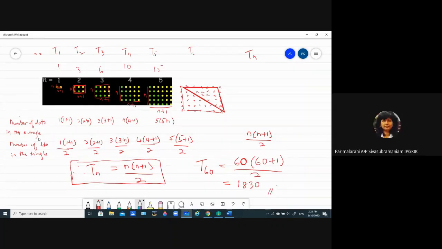So now that we have derived the formula, we can find any triangular number. Okay? So if I asked you, what is the third triangular number? What does that mean? If I say third triangular number, what does that mean?